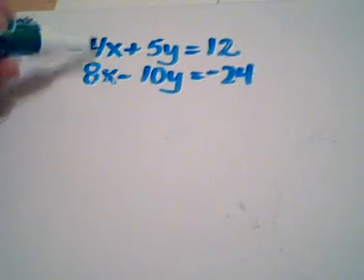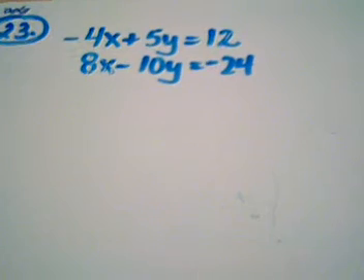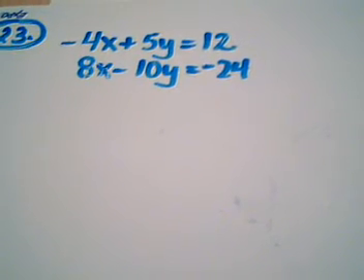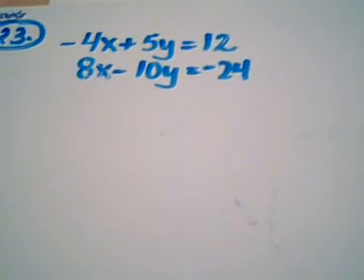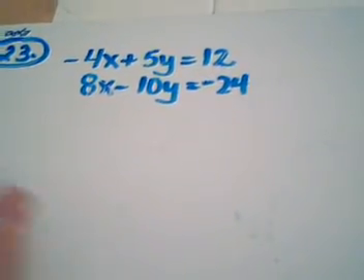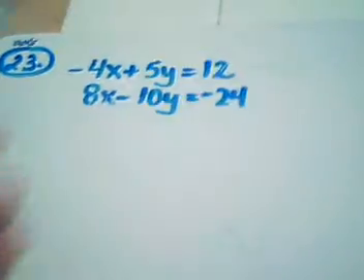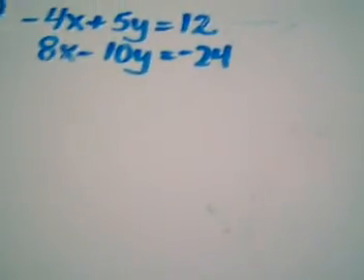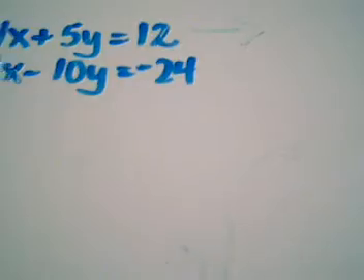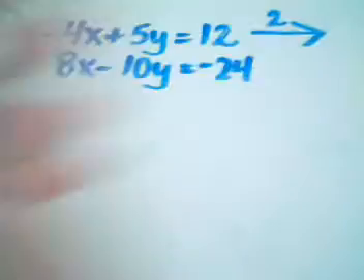What we want to look for is a number that both of these will divide into pretty nicely. And actually, the truth is, in this problem, that would be an 8. All right? So what we're going to do is take this top equation, and we're going to multiply it by a positive 2.